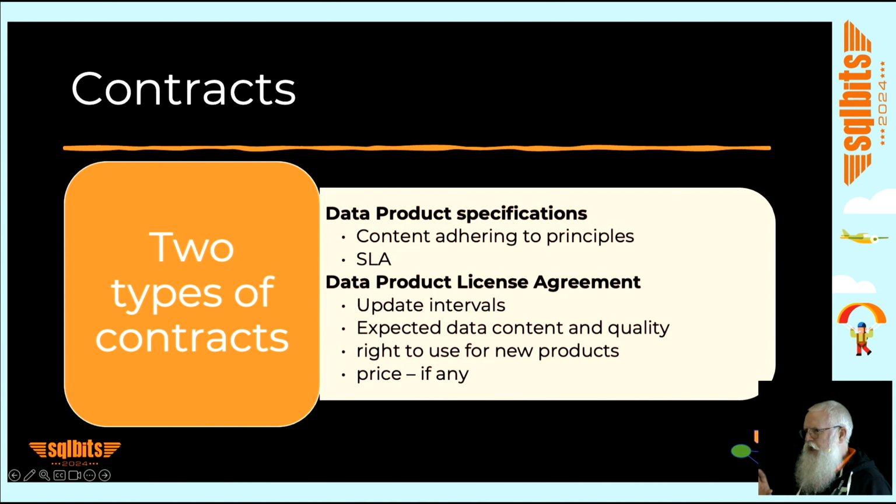Then we have to talk about contracts, because you need to make sure that the data is adhering to the central principles. But you also may need to make sure that you have a service level agreement on pushing that data in. So yes, I promise that when I publish this data product, it will be maintained at an interval of every 10 minutes or every day or every month.